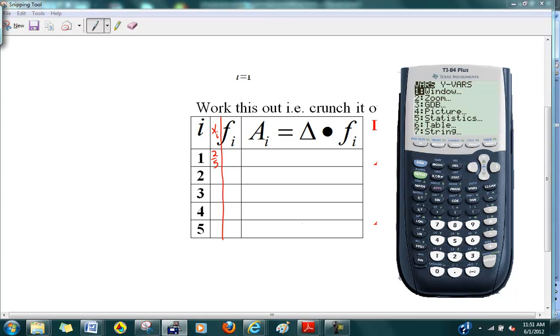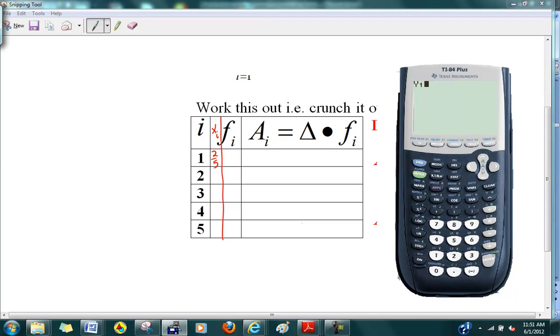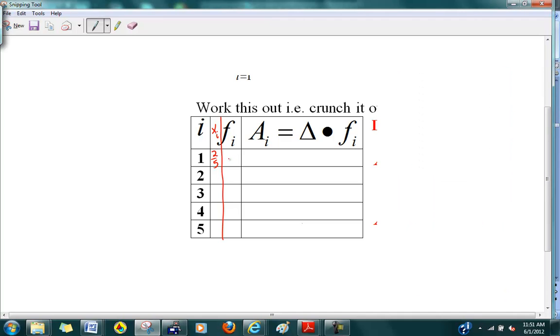Why don't you watch me and then I'll give you time to plug and chug. Go VARS, Y-VARS, Function. Since the function is in y1, I will select that. And I want to evaluate it at 2 over 5. Got that? You get 5.84. So that will go in here.